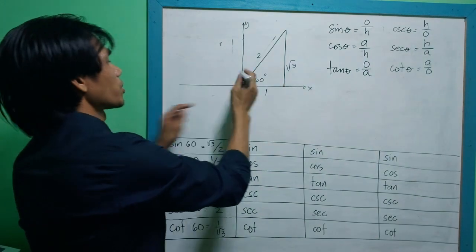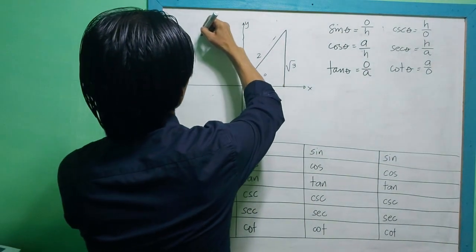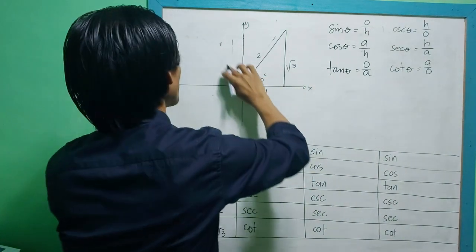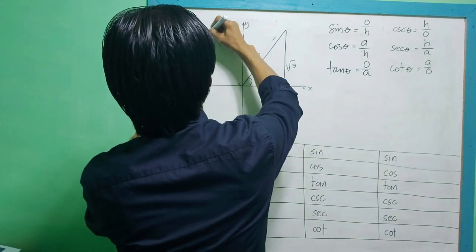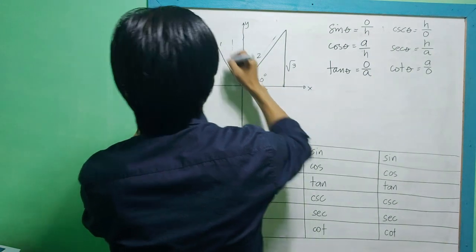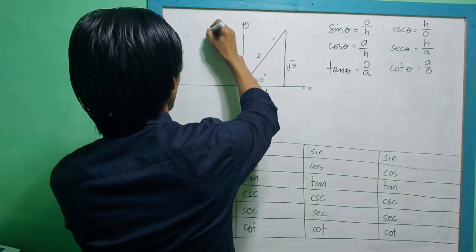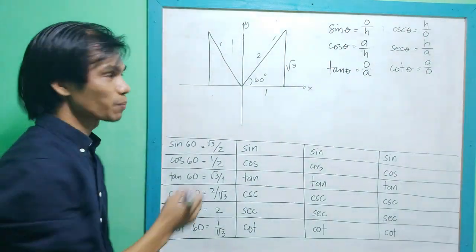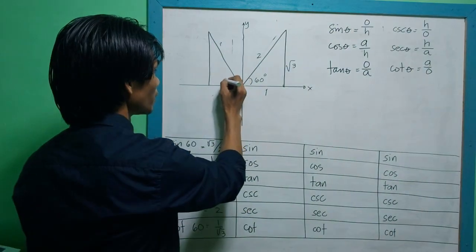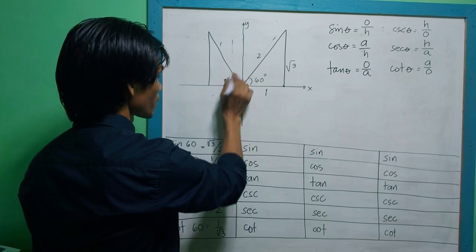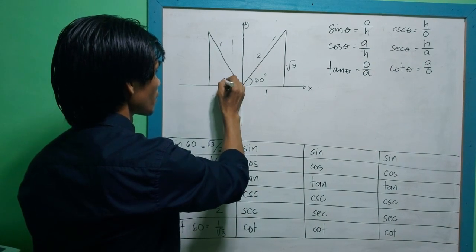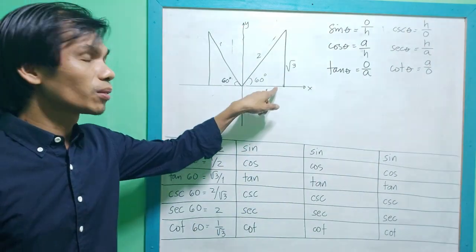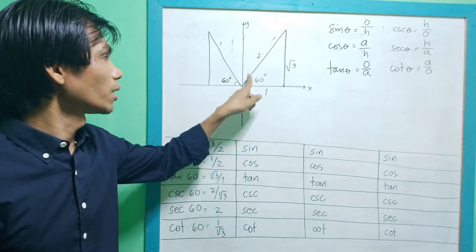Kapag ni-mirror ko dyan, okay? Pag minirror ko siya dito, parang mukhang hindi 60 degrees. Ayusin natin. Okay. Yan. 60 degrees pa din to. Now, kung dito tayo magsisimulang magbilang ng angle, anong angle to?